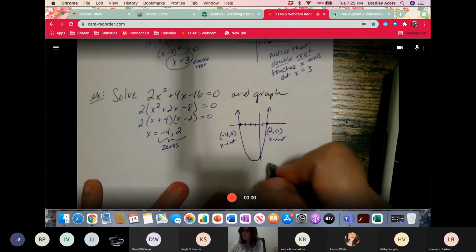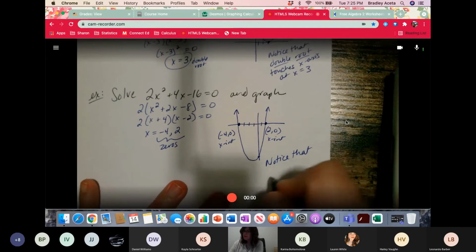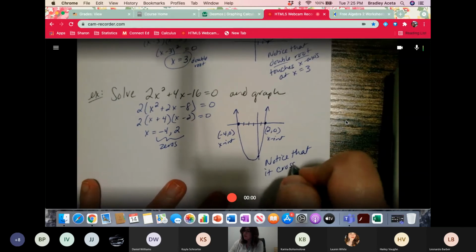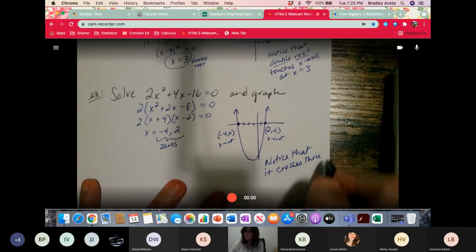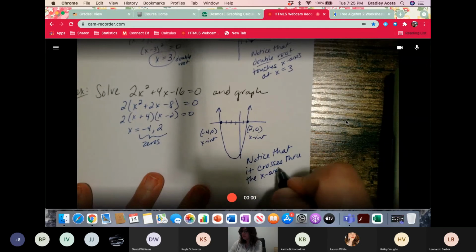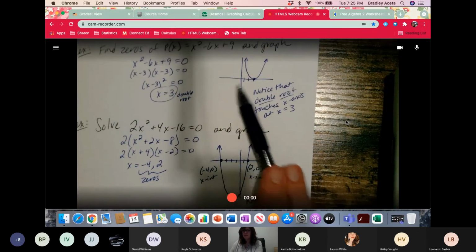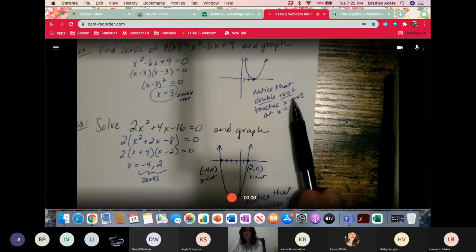What I want you to notice on this one is that it crosses through the x-axis at the zeros. Up here, it was touching when x was 3 and it was a double root.